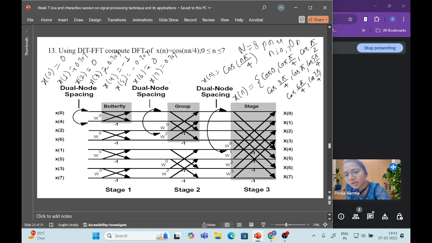I'm calculating in the butterfly diagram, so you can just put all these values.